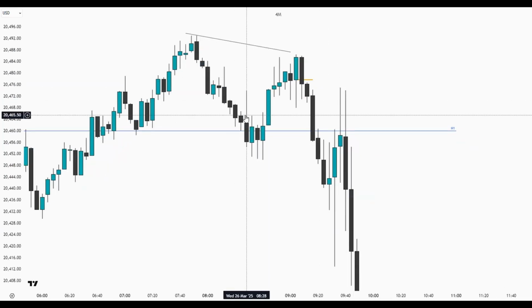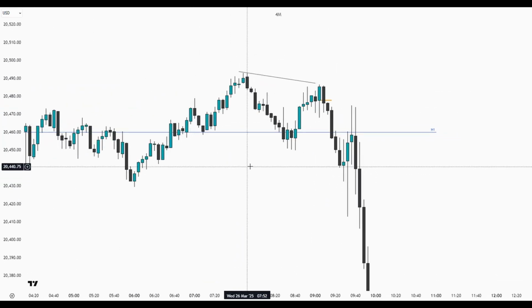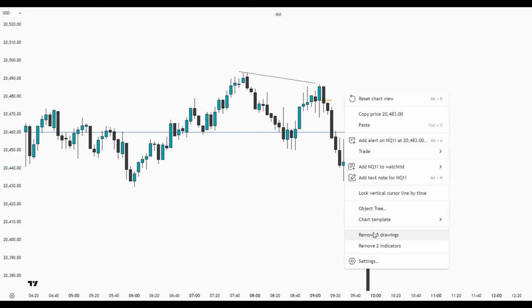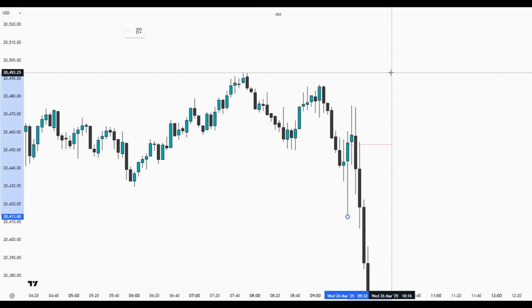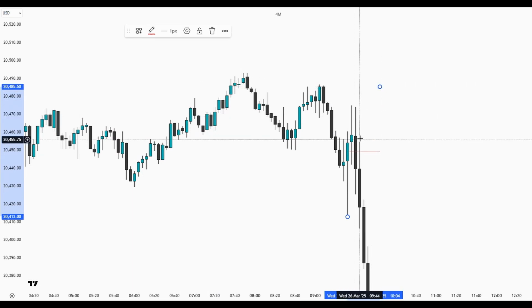I then waited again because I knew price was going to be creating more moves for me to get involved in. So we have price taking out this low and coming back into the range, coming back into the 50% of the range.